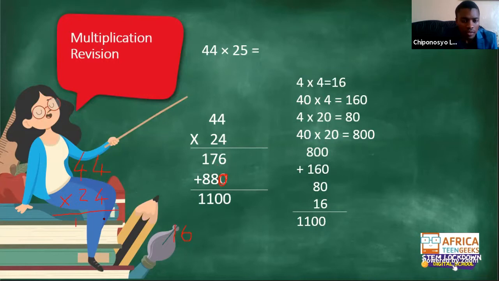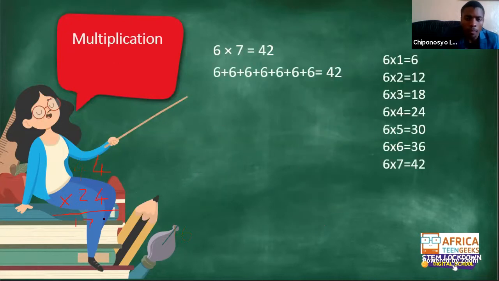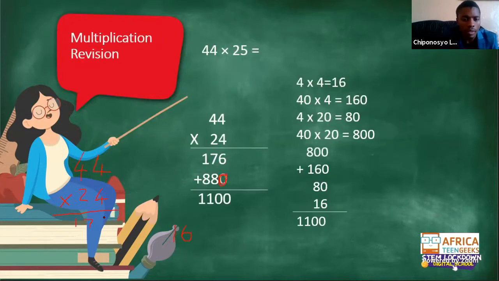We're fine with 176. Then we said we didn't put 0 as a placeholder. So we just multiplied 2 times 4. Then we're going to just put the 8 here. And we're going to say 2 times 4. Then we're going to put the 8 here. That's when you start finding that your answers are wrong.